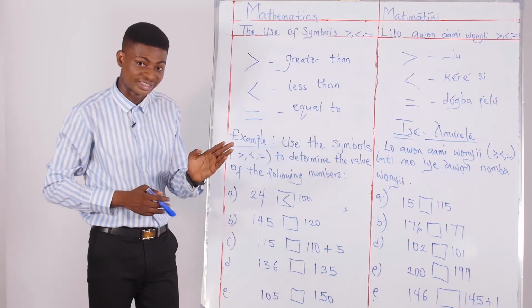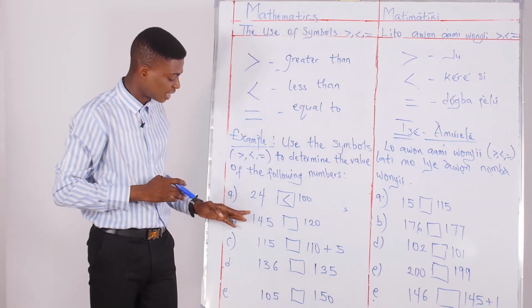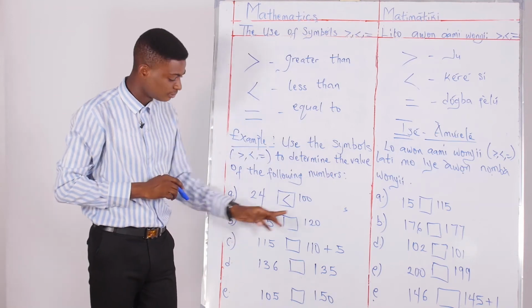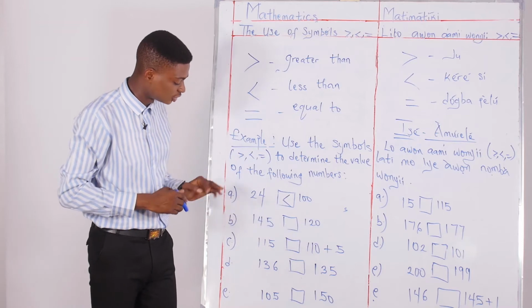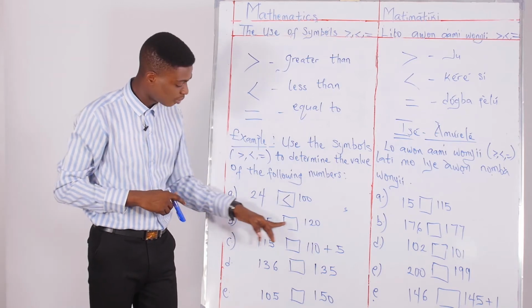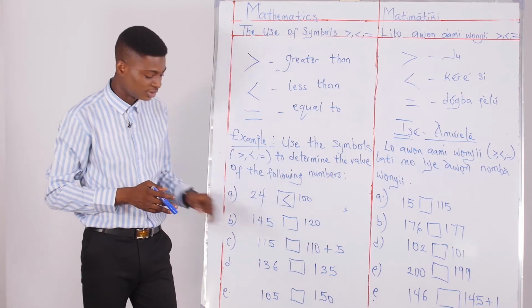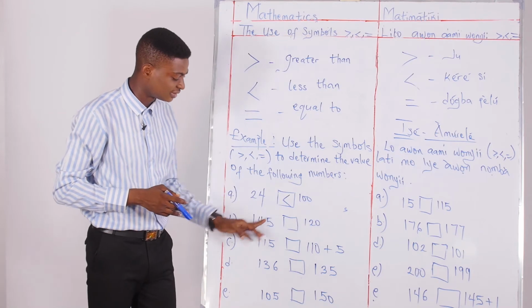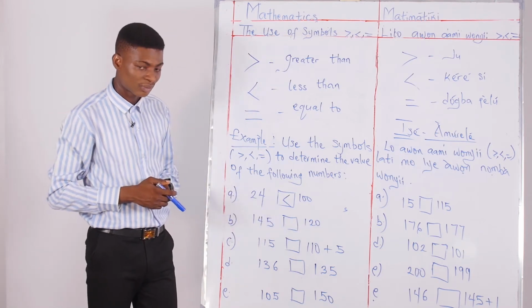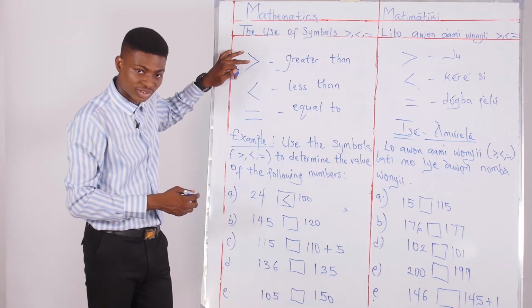You now move to the tens. First, start with the highest place value. And the highest place value here is 100. This one too is 100. Now to the tens. The tens here is what? 4. The tens here is what? 2. Now which one is this one greater than this or this is less than this? Greater than. Now which symbol? You put the symbol.